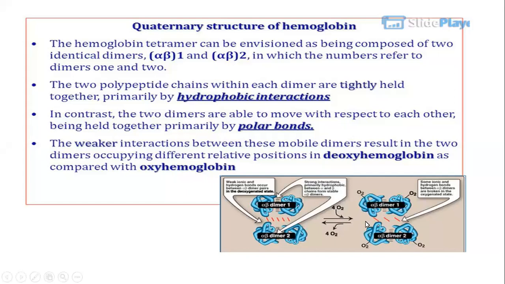And so when oxygen enters the hemoglobin, you end up with oxyhemoglobin. But when oxygen is released from the hemoglobin, you end up with deoxyhemoglobin. So the bonds here are important in ensuring either an oxygenated or a deoxygenated form of hemoglobin.